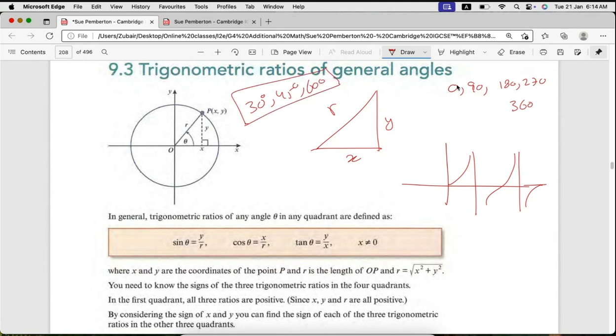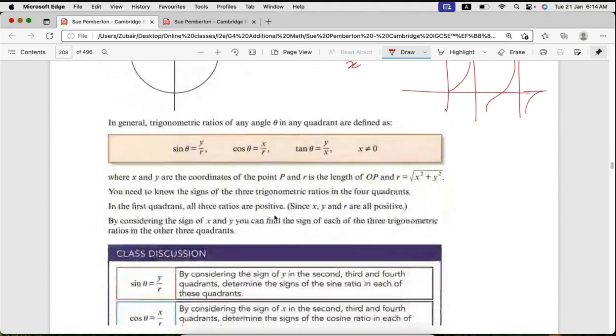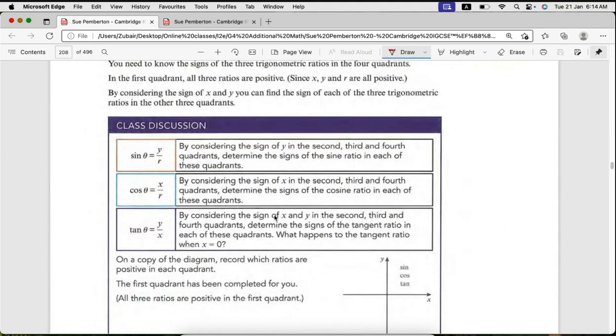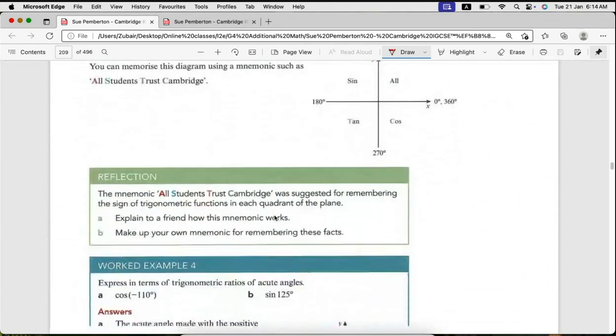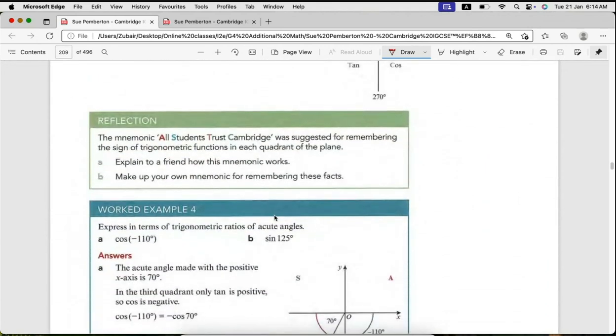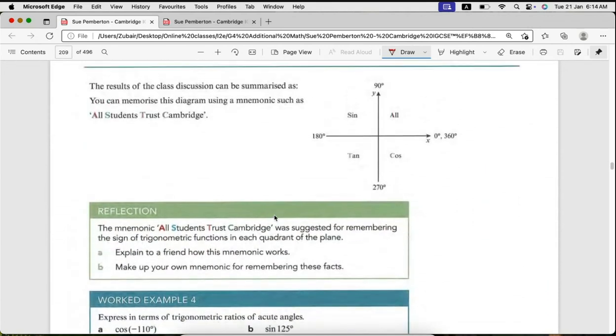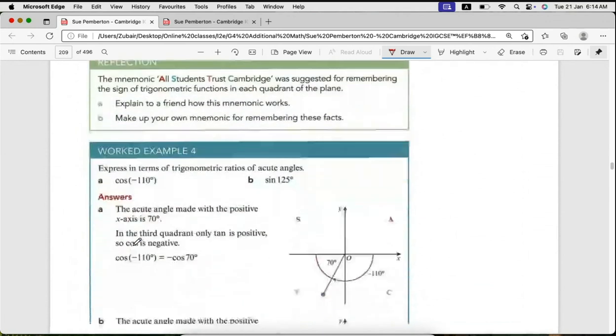And for these 0, 90, 180, 270, 360, we'll be looking at graphs. Other than these values, calculator. Okay. So simple ratios, and then we can use these ratios to make identities as well in later classes.